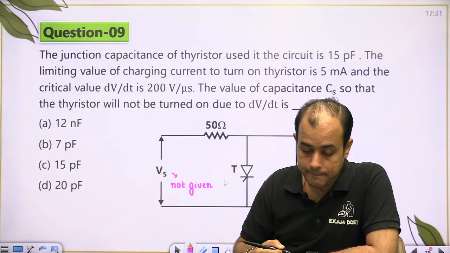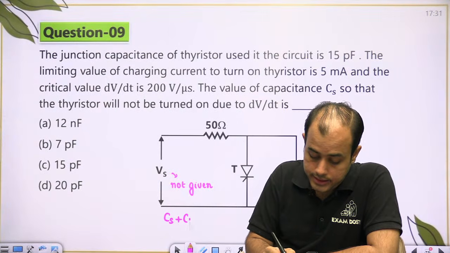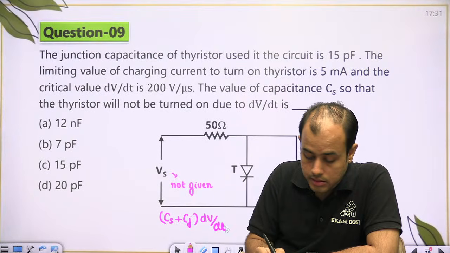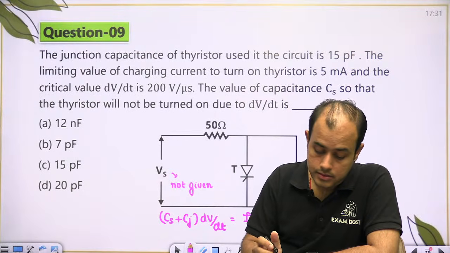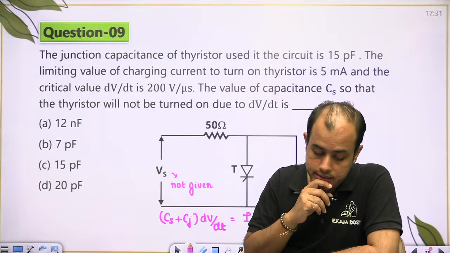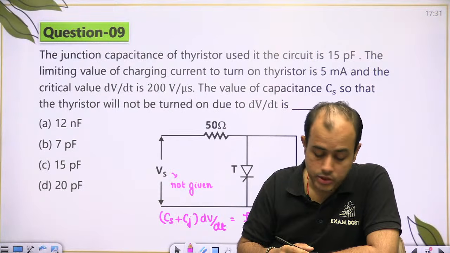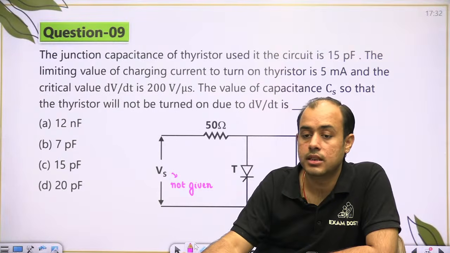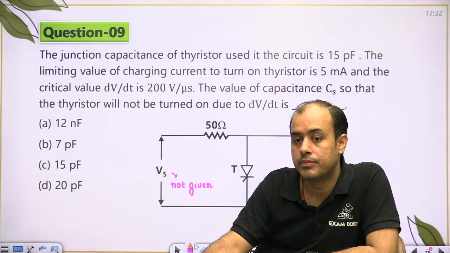Now I will say CS plus Cj into dV by dt is charging current. बट मेरे हिसाब से ना यहाँ पे Vs दिया जाना चाहिए था, क्योंकि Vs बाय RLC होता है. ये चार्जिंग करंट तो सिर्फ आपके SCR का होता है. मिनट में एक बार चेक कर लूँ. एक्चुअली Vs शुड बी गिवन.